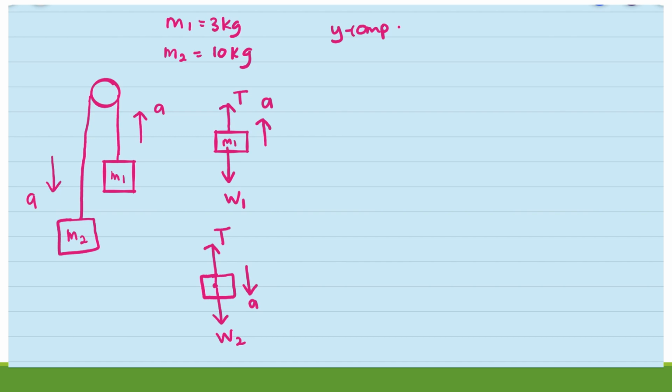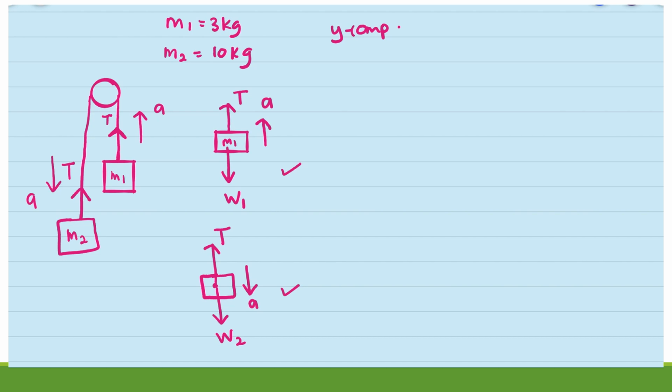So, one object, second object. And we know that tension is a force that must have direction outward of the block. The arrow must come out of the block. For example, for M2, it must come out from M2. So its direction is upward.